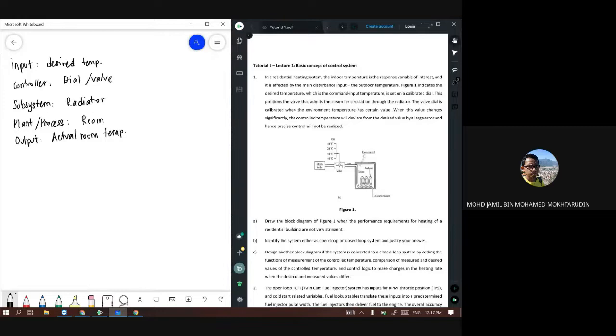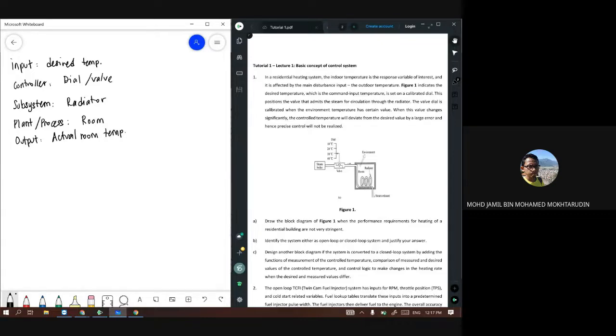Here, it wants to show that whenever there's a disturbance from the external environment, then the actual room temperature will change significantly and will produce large error compared to the desired temperature. This kind of system that is easily affected by external disturbance is an open loop system, based on what we have learned last week. So we know that this is an open loop system.